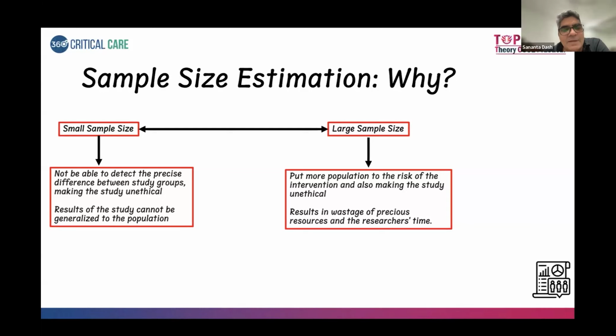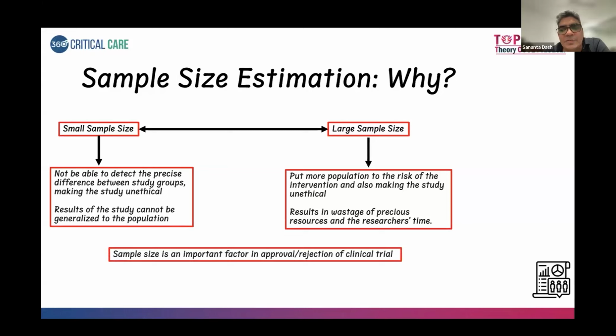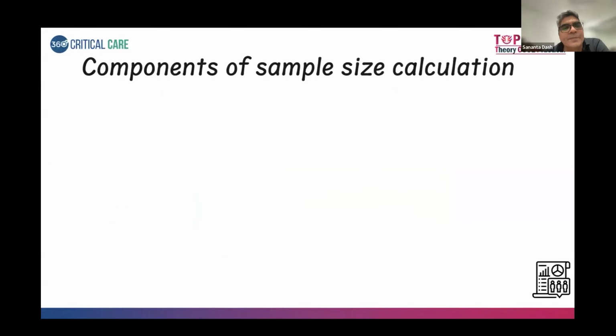If you unnecessarily make your study large or enroll a larger population of people into a study, there is wastage of precious time and resources if you don't need it. So overall, the sample size is an important factor that can very well determine whether the study will be approved or rejected by the medical community. So it is an important part of any study.